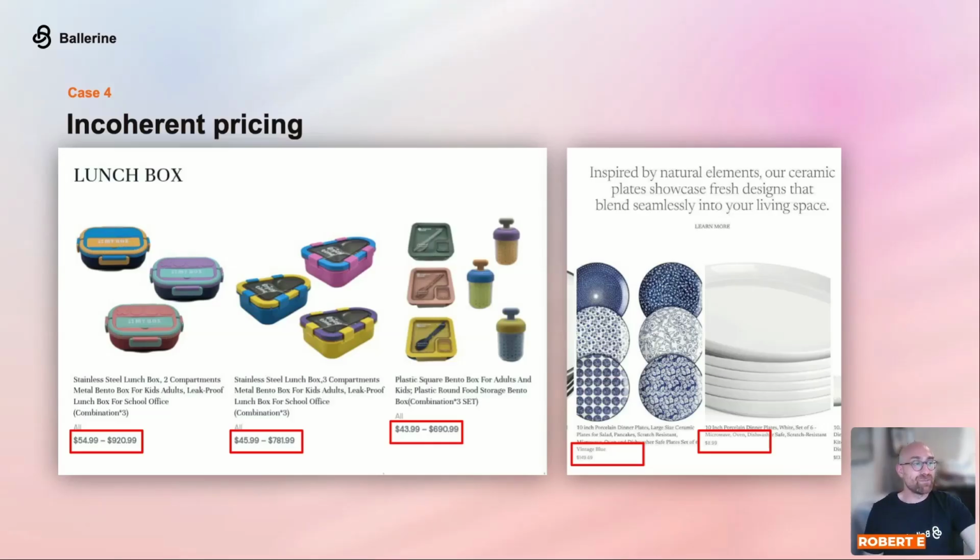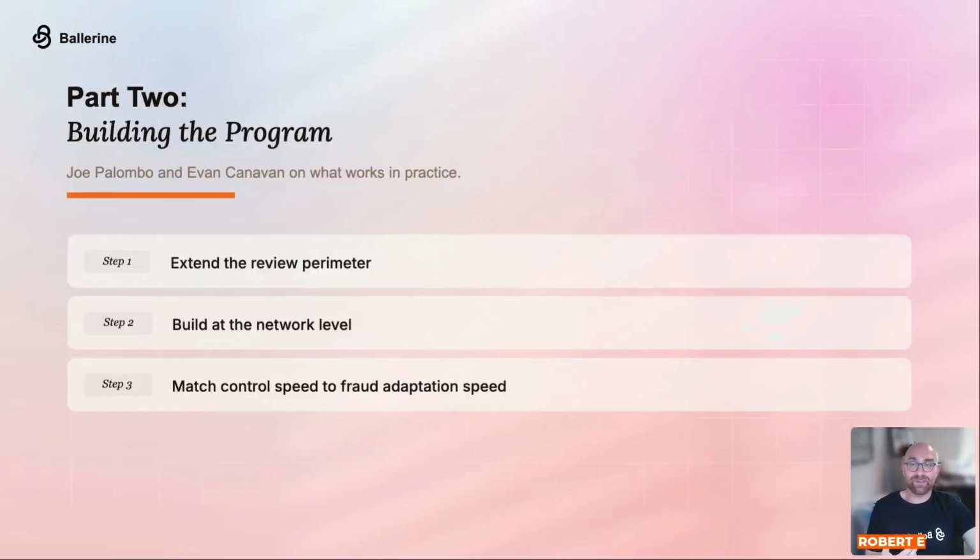So now that we've gone through some of these different cases, we're going to get into the second part of the webinar, which is going to be over to Joe and Evan to speak a bit more about how you actually implement this as a program. What are some of the things that can help you to catch some of this fraud?